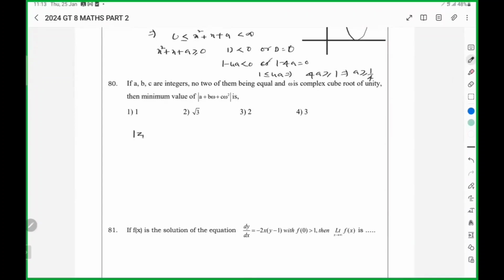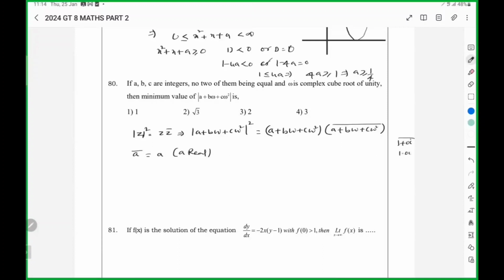Here mod of z square will be z z bar. Based on that, a plus b omega plus c omega square will have a plus b omega plus c omega square conjugate. A bar is a, then a is real, that everybody knows, like 1 plus 0 i. Conjugate, you take 1 minus, here also 1, here also 1.